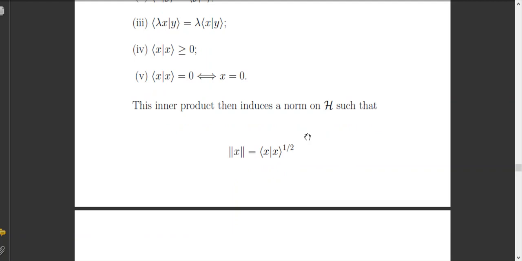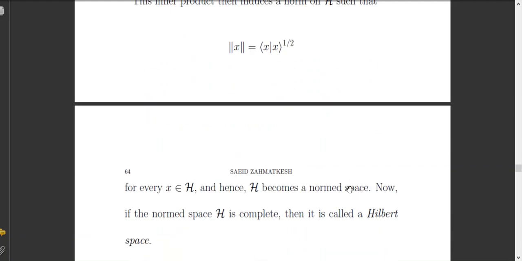So this inner product induces a norm on H, so this H together with this becomes a normed space. But this normed space may not be complete, but if this normed space is complete, then it is called a Hilbert space.